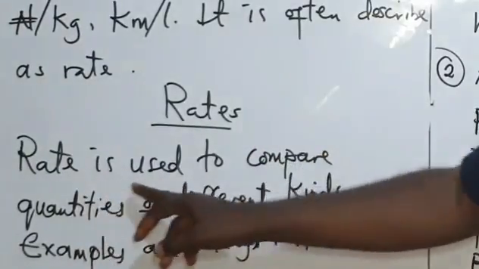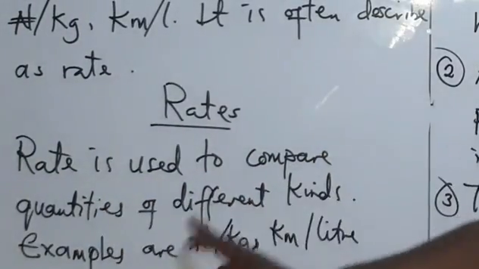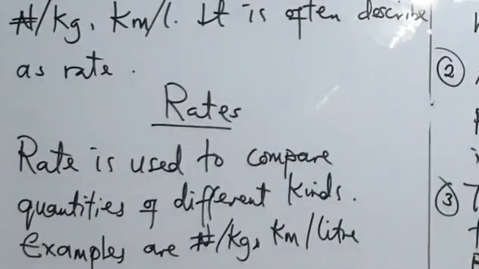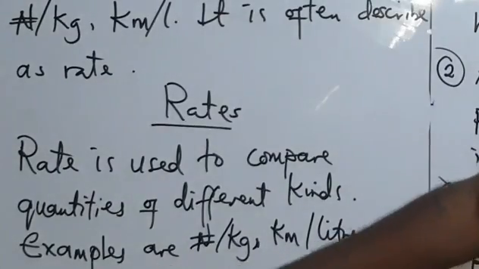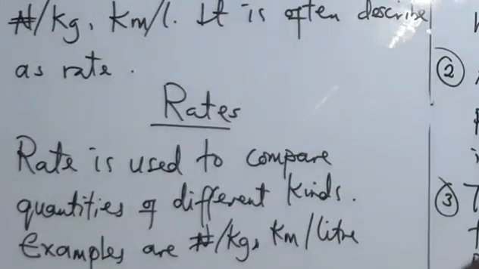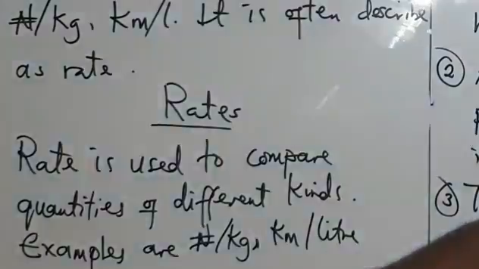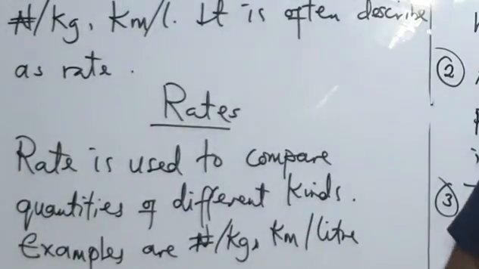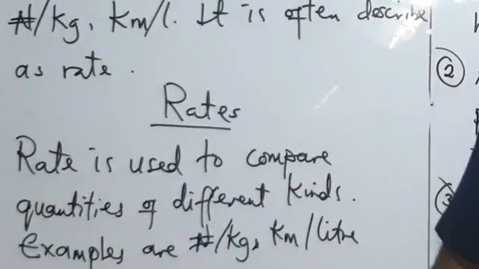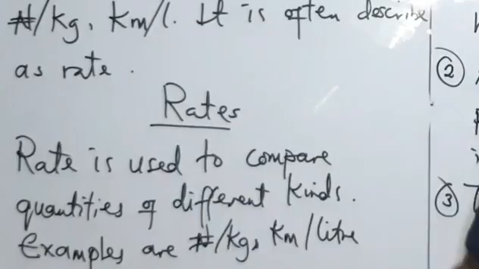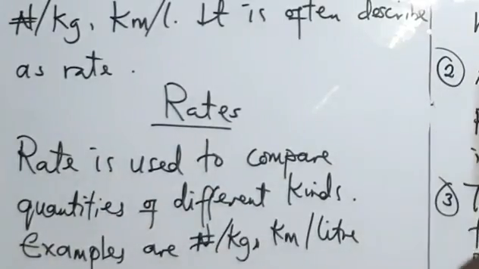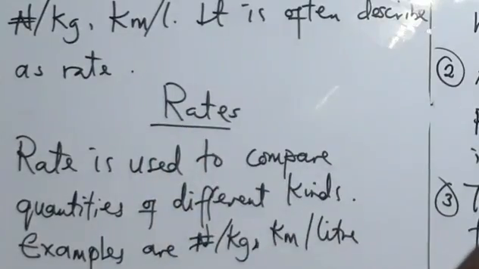A rate is used to compare quantities of different kinds, just like we are comparing naira and kilogram. Examples are naira per kilogram, kilogram per liter. We are comparing naira and kilogram of something. That is how much will you spend per kilogram of grain, and so on and so forth. Rate is talking about the unit per something.